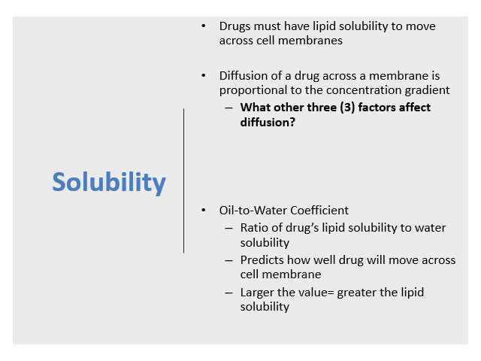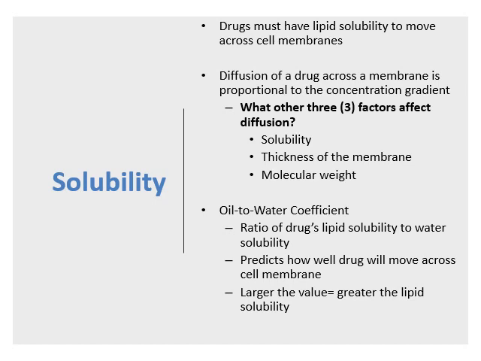Diffusion of a drug across the membrane is proportional to the concentration gradient. What other three factors affect diffusion? It would be solubility, thickness of the membrane, and molecular weight.